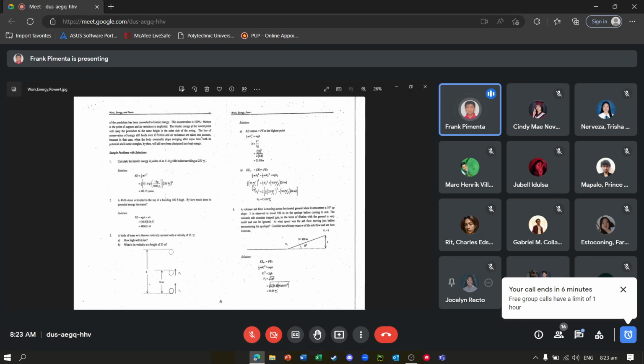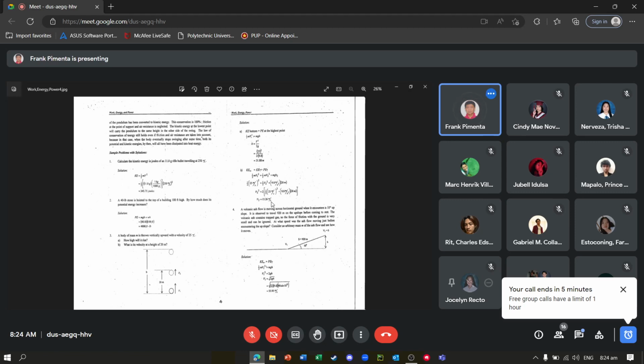So 1/2 times 25 squared equals 1/2 v sub 2 squared, which is unknown, plus 9.8 meters per second squared times the height 20. So this is the equation. And v sub 2 is found to be 15.26 meters per second.